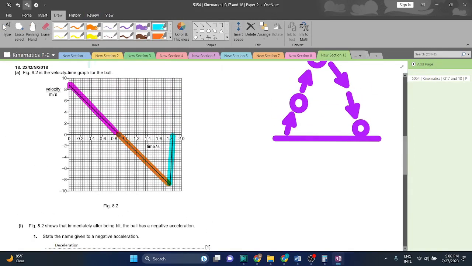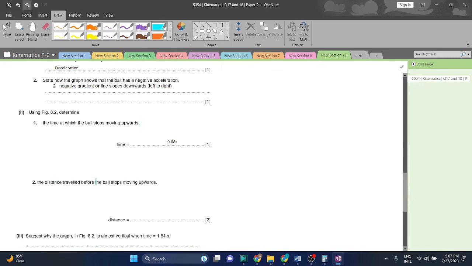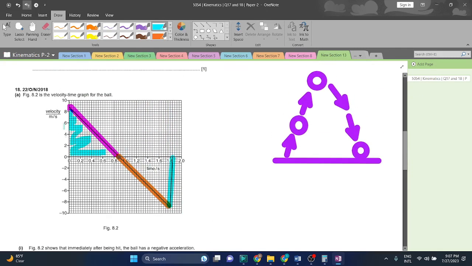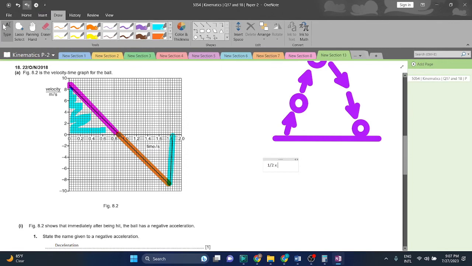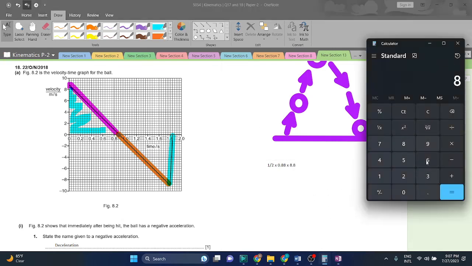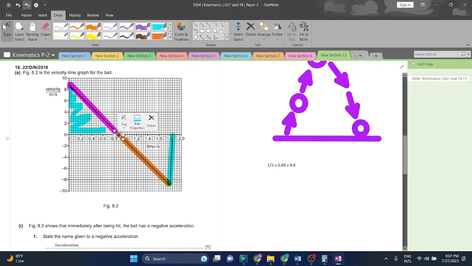The distance travelled before the ball stops moving upward. Now we'll have to find the area under the graph, before the ball stops moving upwards, as he told us. So we'll find this area. To find the area under the graph, we apply the triangle formula, which is 1 divided by 2 times base, which is 0.88, times height, which is 8.8. 0.88 times 8.8 divided by 2 will give us, actually, wait.